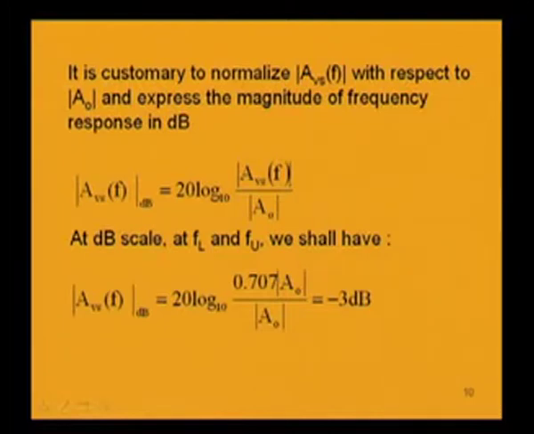This 20 log 10 of magnitude of AVSF to A naught, that value is in dB unit, and this is customarily done to normalize this AVSF gain with respect to the value of gain A naught, and then express this magnitude of frequency response in dB, and that is done practically in the books.